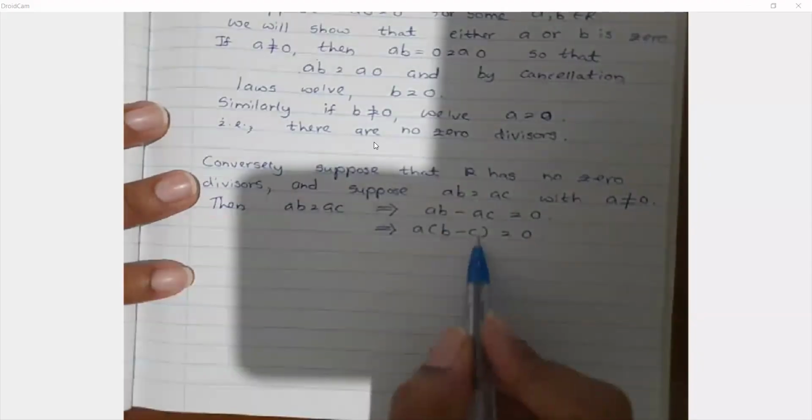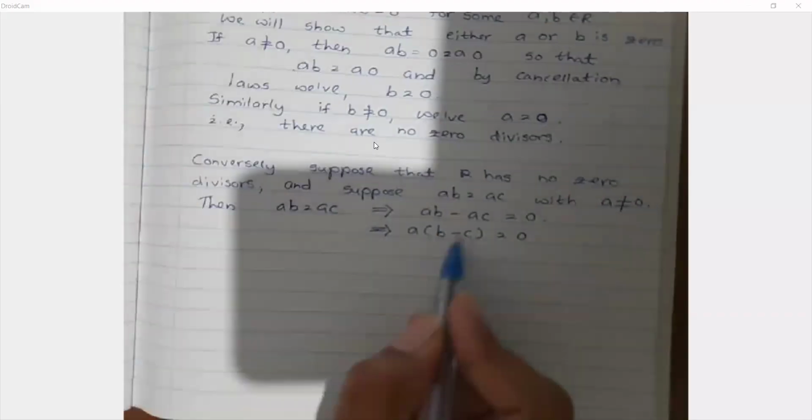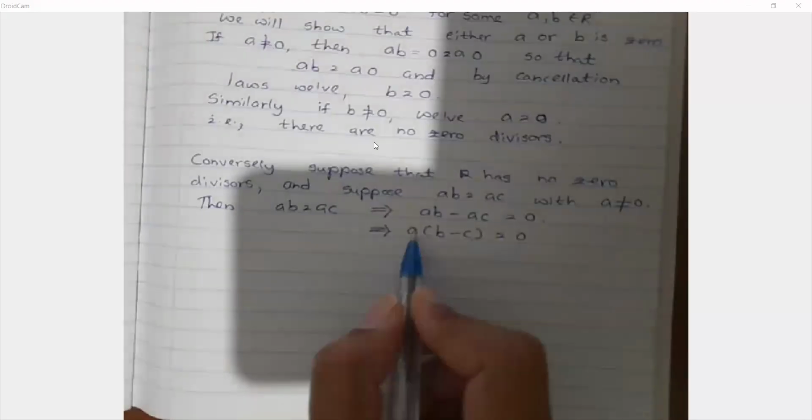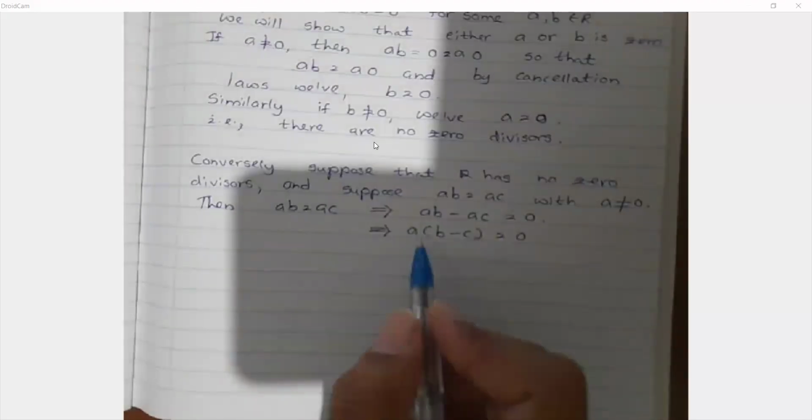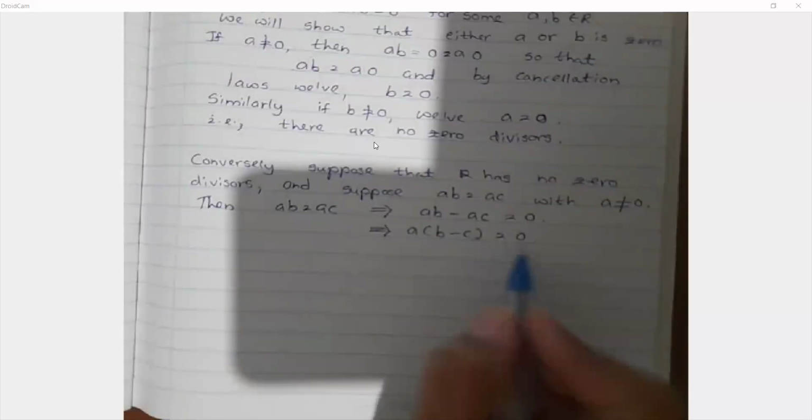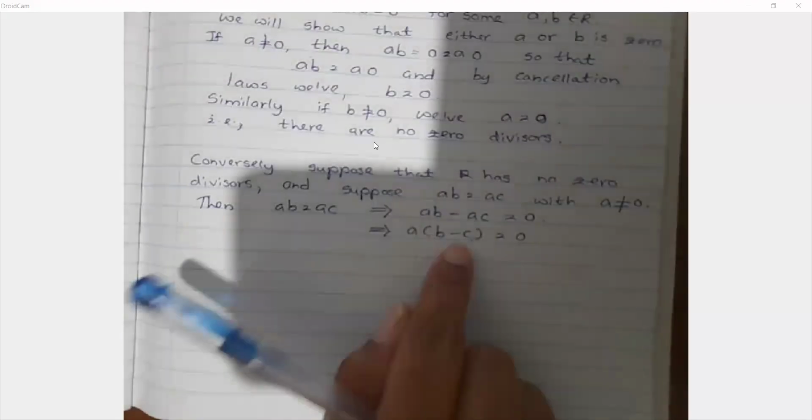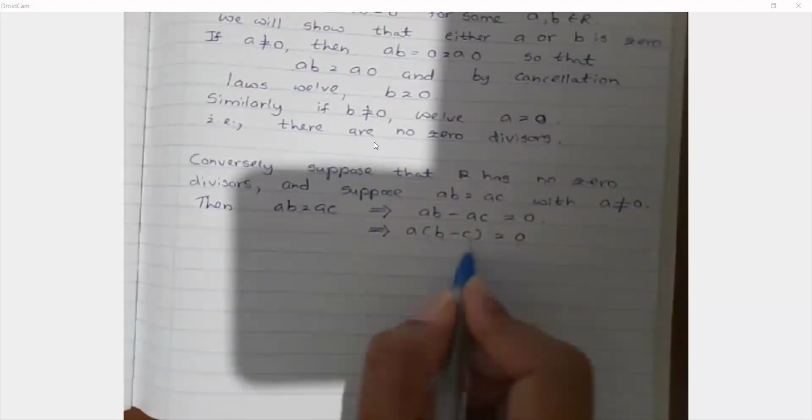B and C are two elements in R, and negative C refers to the additive inverse of C, so B minus C is also an element in R. Now we have A, a non-zero element, times another element in R equal to 0. And we know, by the supposition that R has no zero divisors, that if the product of two elements, one of which is non-zero, gives you 0, we must have this B minus C be 0.